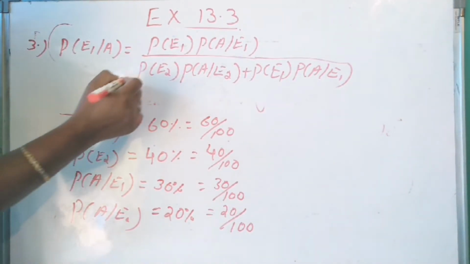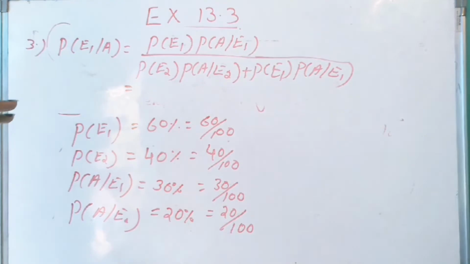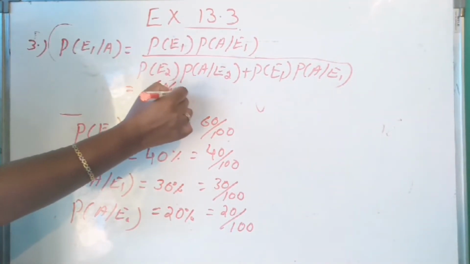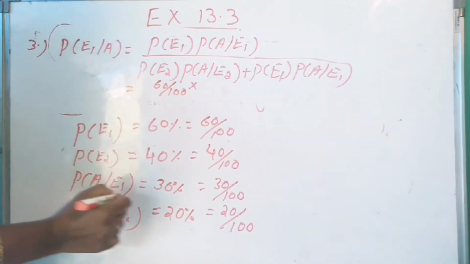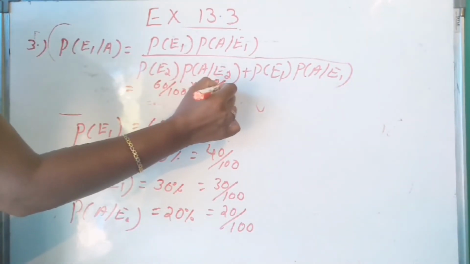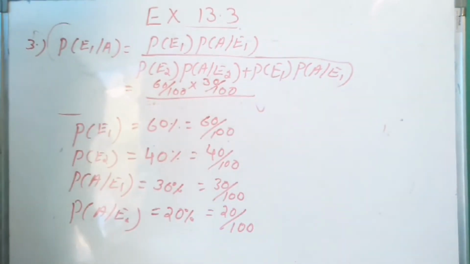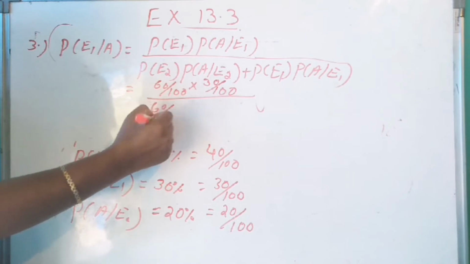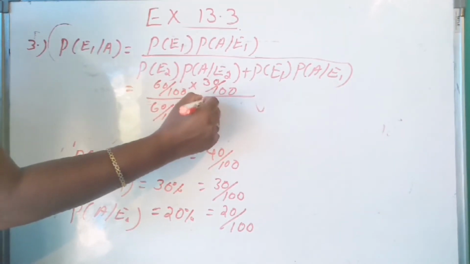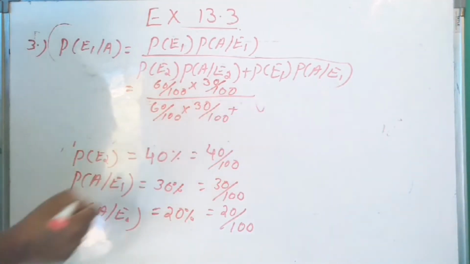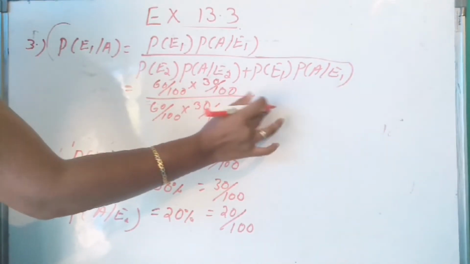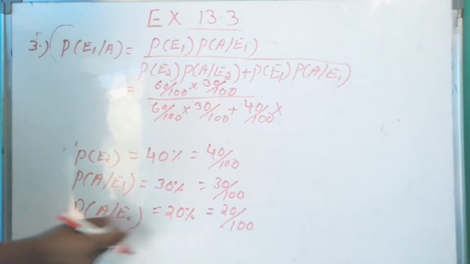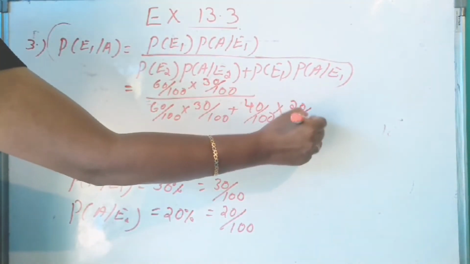P of E1 is 60 by 100, that we can write as 6 by 10. 60 by 100 into 30 by 100, all divided by 60 by 100 into 30 by 100 plus P of E2, 40 by 100, into P of A given E2, 20 by 100.